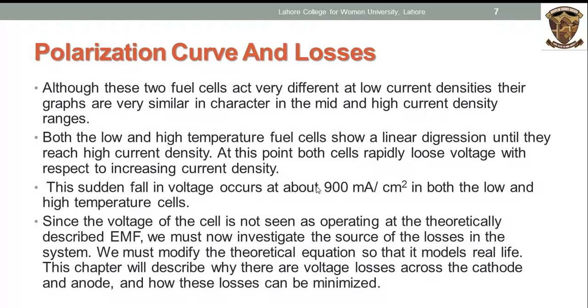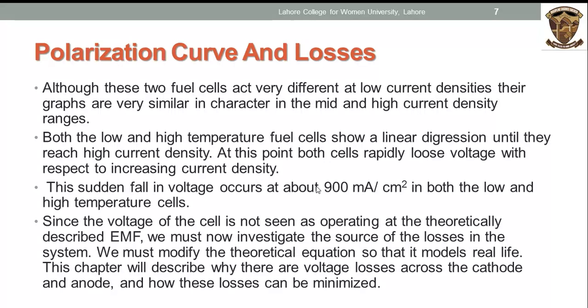This sudden fall in voltage occurs at about 900 milliampere per centimeter square in both the low and high temperature cells. Since the voltage of the cell is not seen as operating at the theoretically described EMF, we must now investigate the source of the losses in the system. We must modify the theoretical equation so that it models real life.